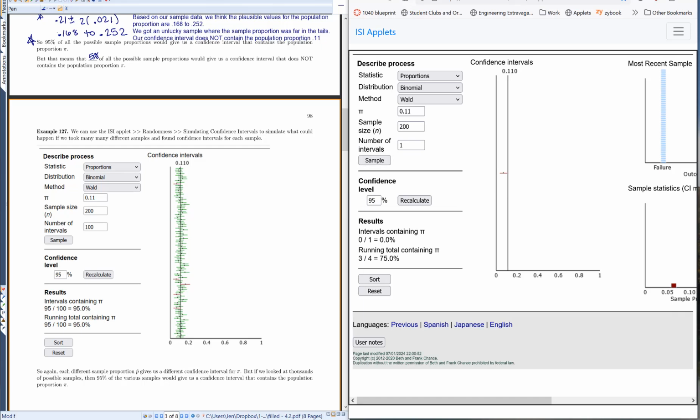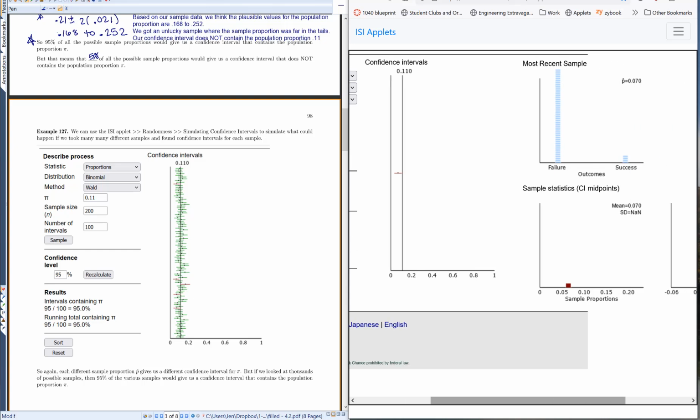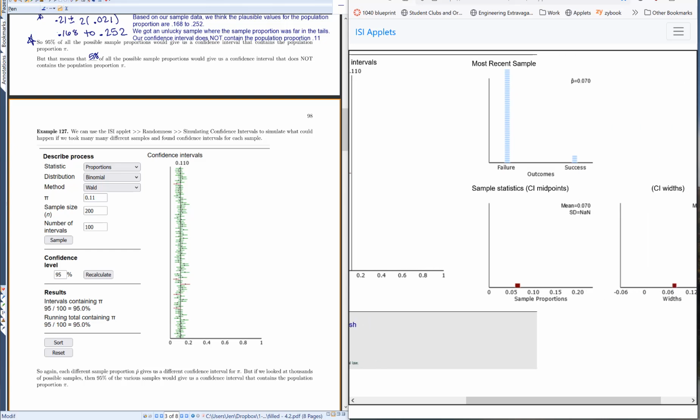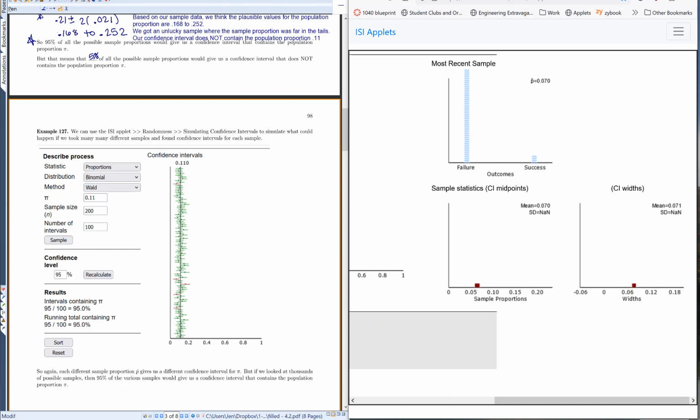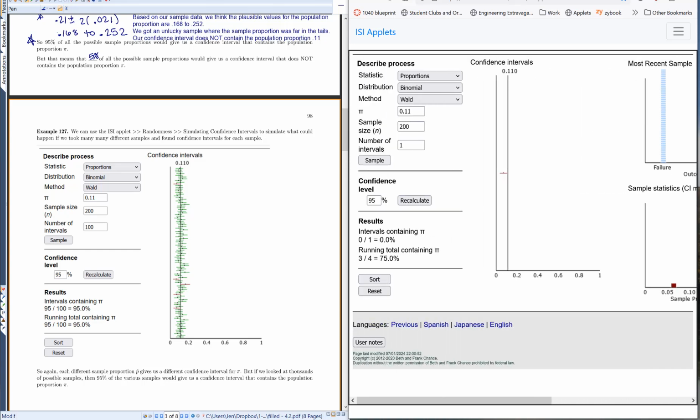Notice 0.07 is a really low sample proportion. If you look right here, this is 0.11, my population proportion. Here's the confidence interval it gave me. Notice that confidence interval is just slightly to the left. It doesn't actually contain my population proportion.